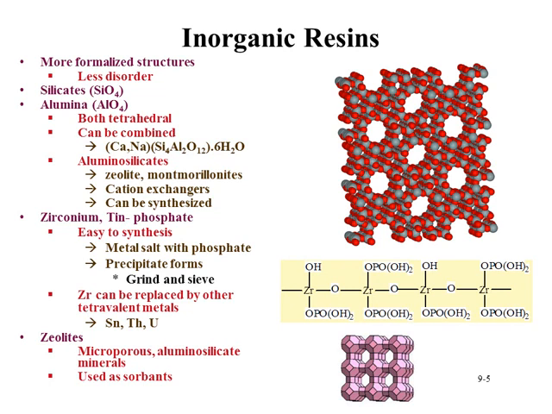These precipitates can be prepared and size separated, and then a material like this would be very good for separating tetravalent metal ions. The zirconium can be replaced by other tetravalent metal ions to vary the gap, so that you can have some tunability in the size separation in addition to the oxidation states. Another example of an inorganic resin, as was mentioned above, is zeolites. These are often microporous aluminosilicate materials, and they are used as sorbents.